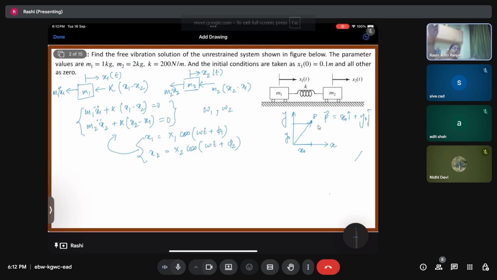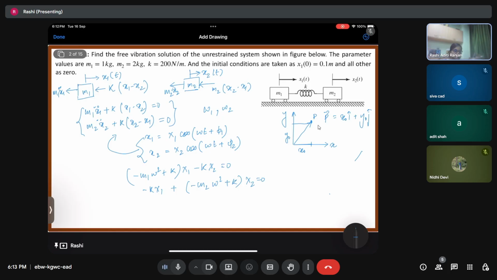That's fine now. Okay, so if I put these two solutions that I've assumed in the main equation, what is going to happen? I'm going to get an equation something like this: (minus m1 omega square plus k) X1 minus k X2 is equal to 0, and minus k X1 plus (minus m2 omega square plus k) X2 is equal to 0.